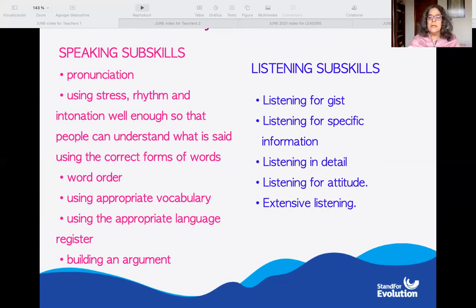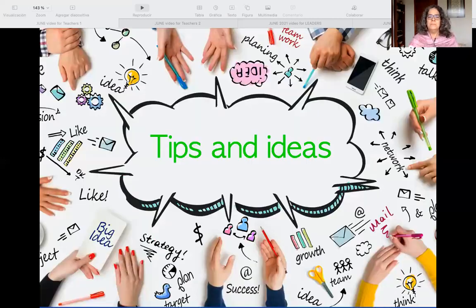You might be doing extensive listening, in the same way we have extensive reading, that is, reading for pleasure. We might be doing this extensive listening for pleasure, for them to relax and have fun, and listening for individual sounds we want them to polish or pay attention to.